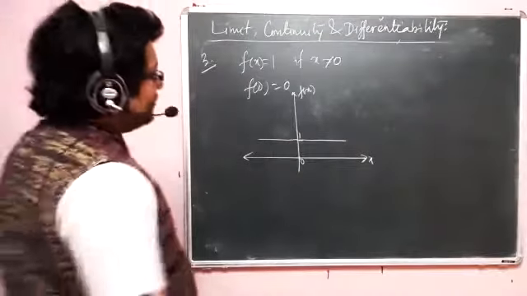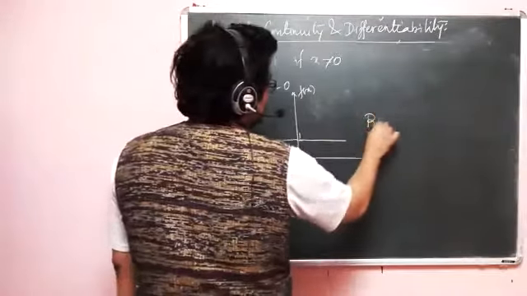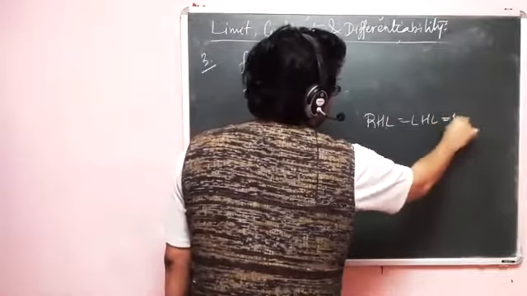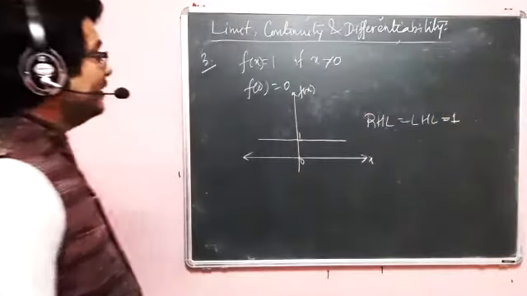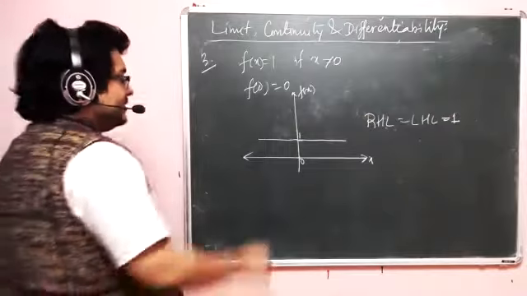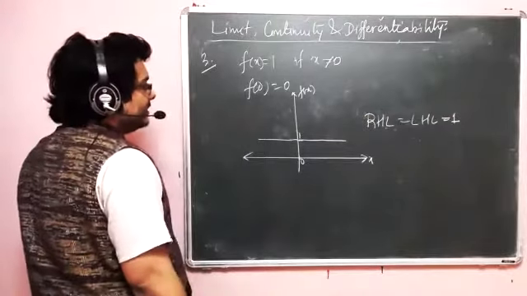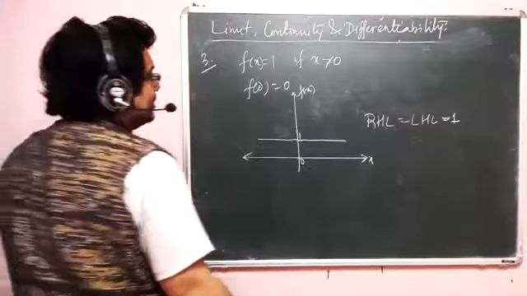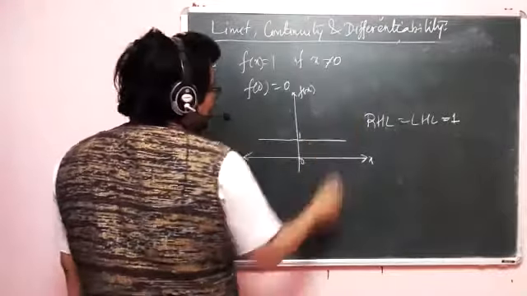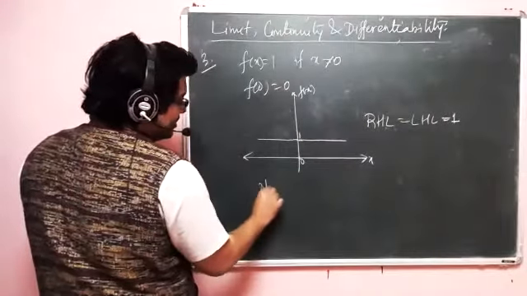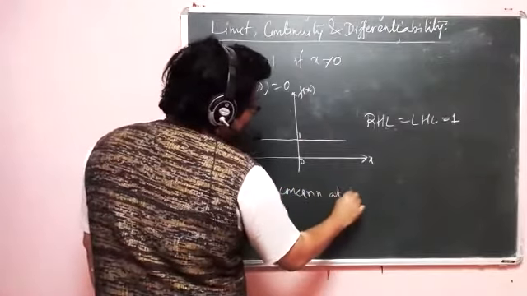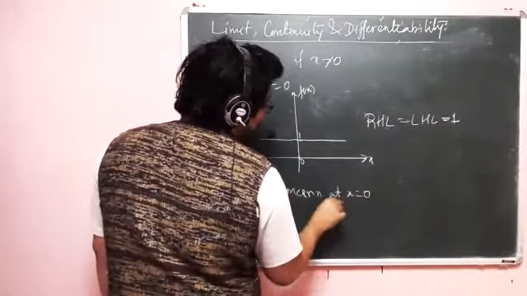So this function obviously has a limit because the right-hand side and the left-hand side both equal 1. We know that. So what it teaches us is basically the fact that we are not concerned about what happens at x equals 0.